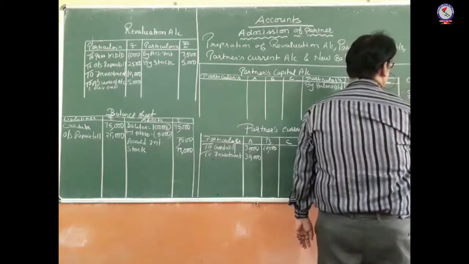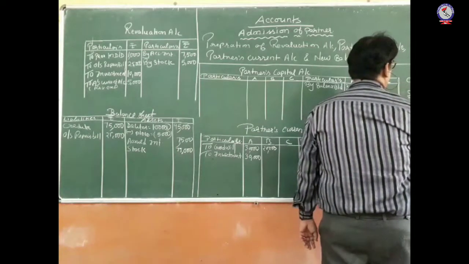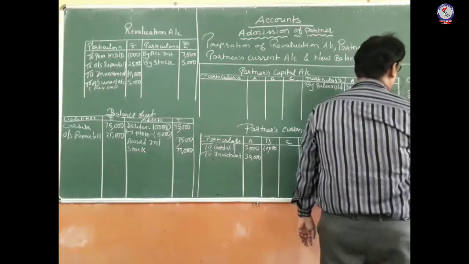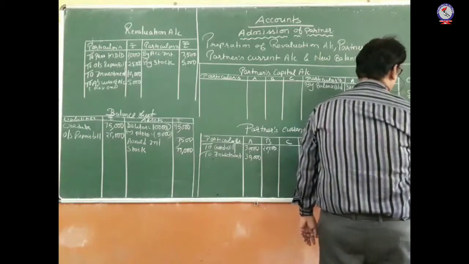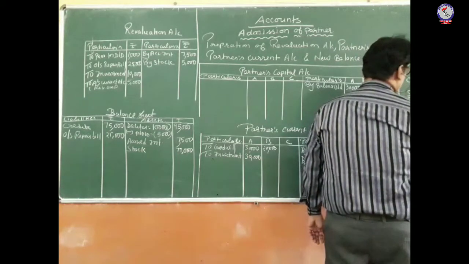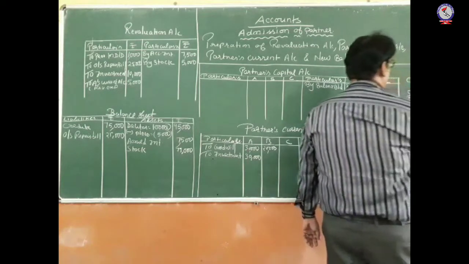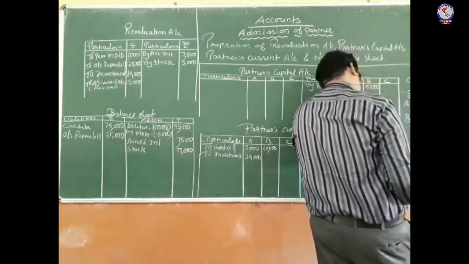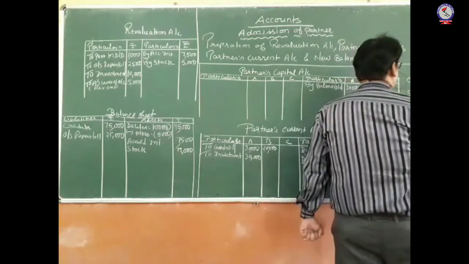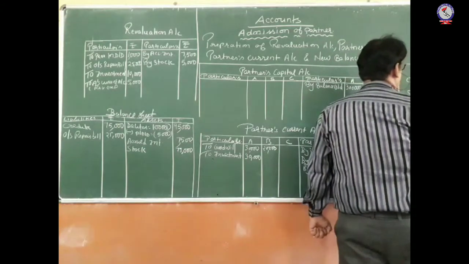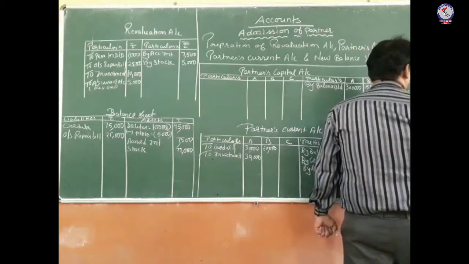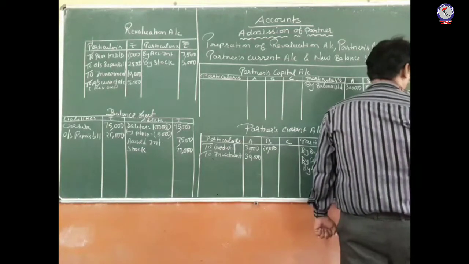So old ratio is 3/5 minus new ratio 4/9, and 2/5 minus 3/9. The LCM of 5 and 9 is 45. Then 5 9s are 45, 9 3s are 27, minus 20, so it will be 7/45.